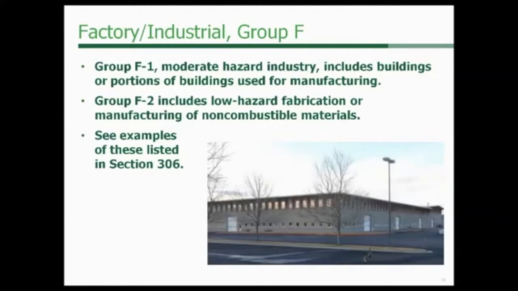Group F, factory, split into 2 use groups, F1, F2, moderate hazard, low hazard. Low hazard implies and assumes non-combustible materials are being manufactured. In each of these use groups, there are lists of these in Chapter 3 to look at for examples.